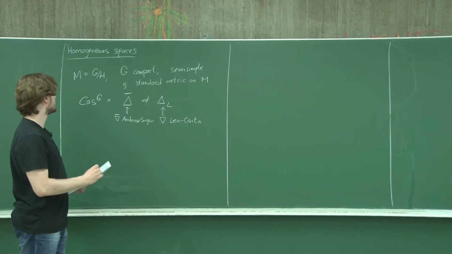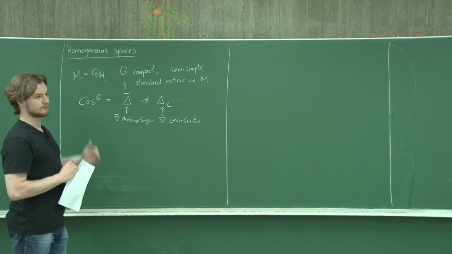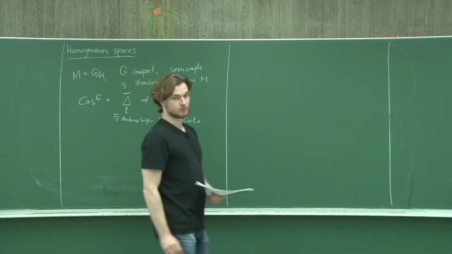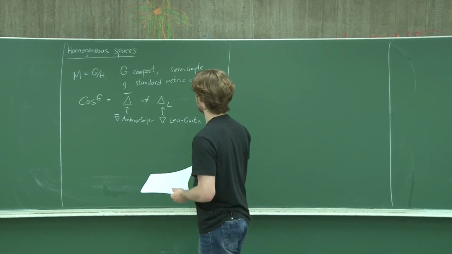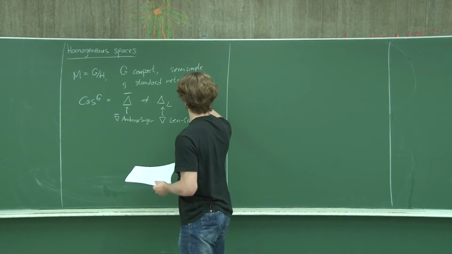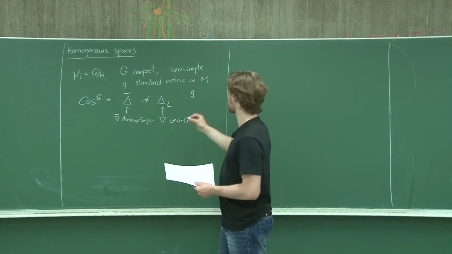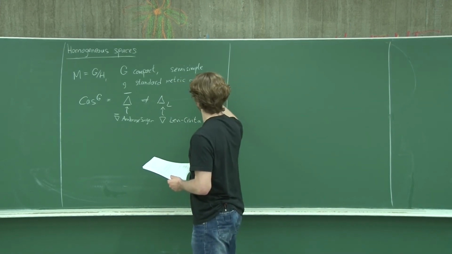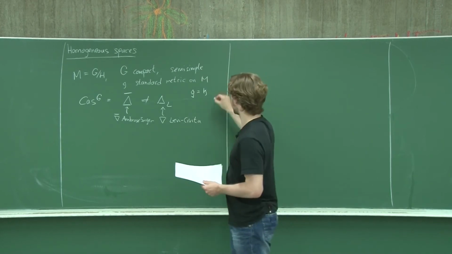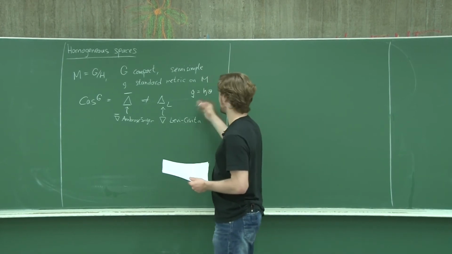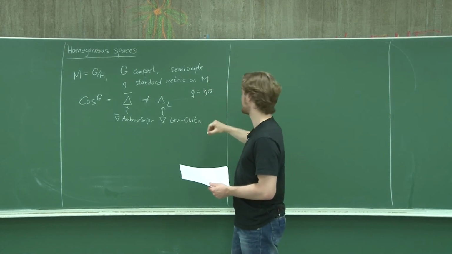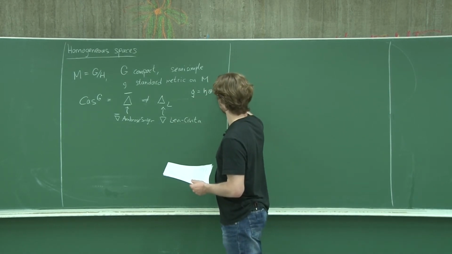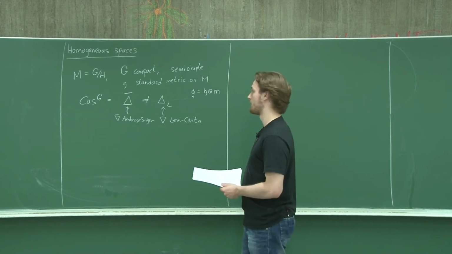of the homogeneous space. So what we have to bear in mind is that we have chosen a reductive complement. So say this is the Lie algebra of G, and this is the Lie algebra of H. Then we just simply take the orthogonal complement with respect to the Killing form of G to obtain the reductive complement m.